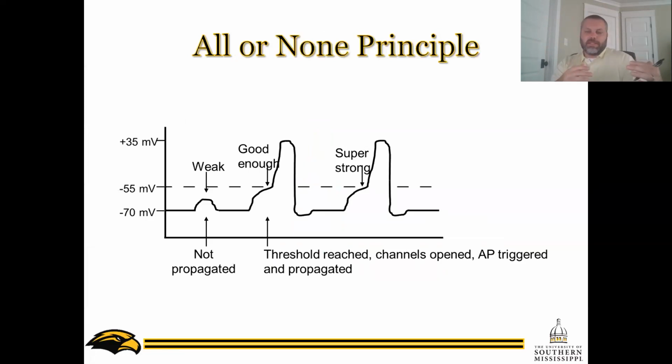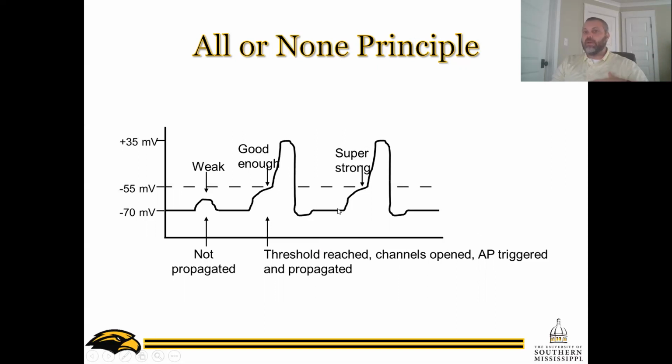When we talk about this as an all or none principle, you can see there's some sort of stimulus to that nerve that just wasn't big enough to trigger a release. If it's a change that is large enough, you get this full potential. We see it go down, and then we're back at rest.